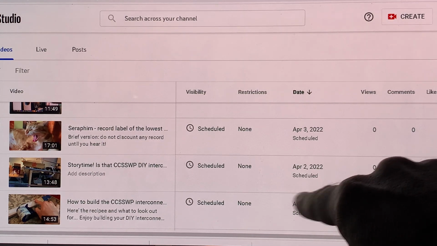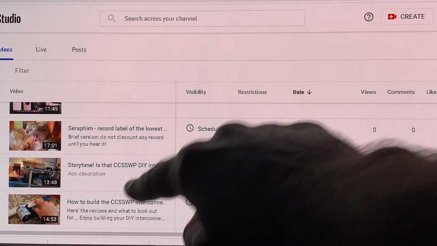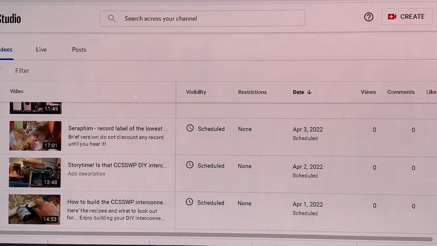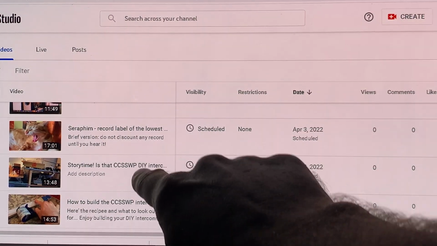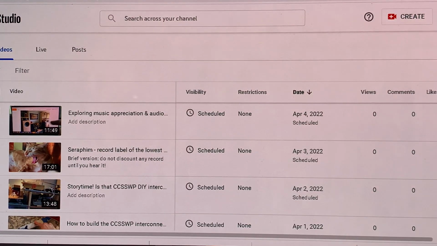However, instead of an April Fool's Day joke, I am showing how to build my silver interconnects, because you've been asking about it so many times, and finally I'm going to show exactly how to do it, and it's very easy.